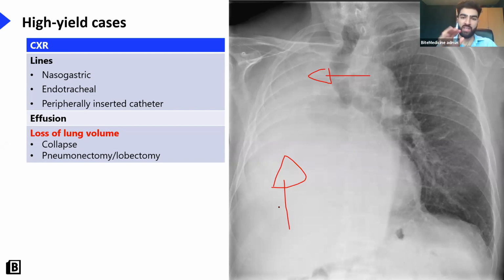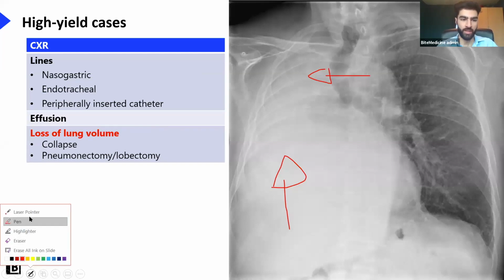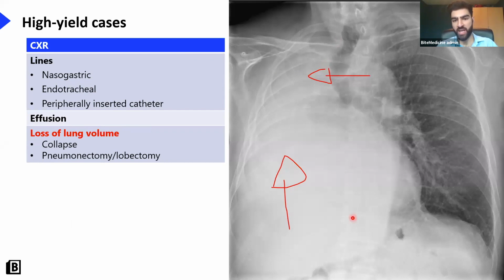Taking it one step back, if you see any opacity on a chest X-ray, think collapse, think consolidation, think effusion, think mass. In this case, we're talking about pneumonectomies and collapse, etc. So the fact that they've lost the entire right lung, it's all white, is because the lung has been taken out and this space has become filled with fluid, and the fluid appears dense and opaque on the chest X-ray.